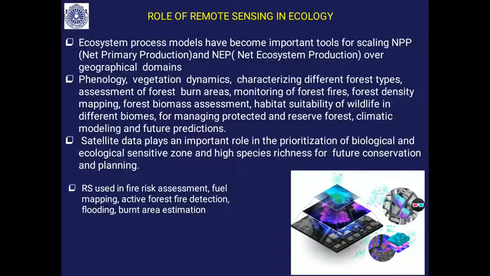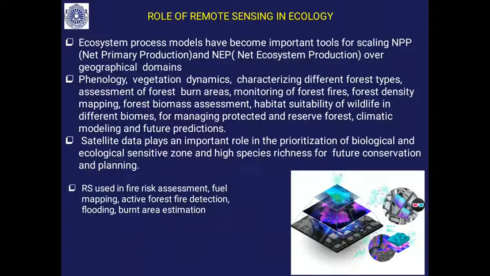All these are so many applications one can have to study the ecosystem, and ecosystem monitoring can be done using this remote sensing technology.